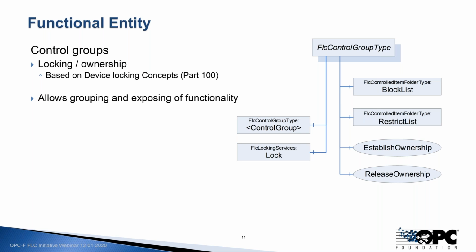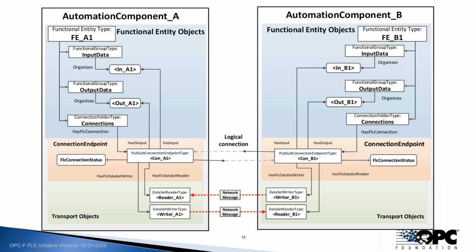So our control groups allow us to do some locking. But the key piece that we need, of course, is the actual communications and connection endpoints. So we have a connection endpoint object that's a child of a functional entity. It contains the information about how this logical connection is being defined.